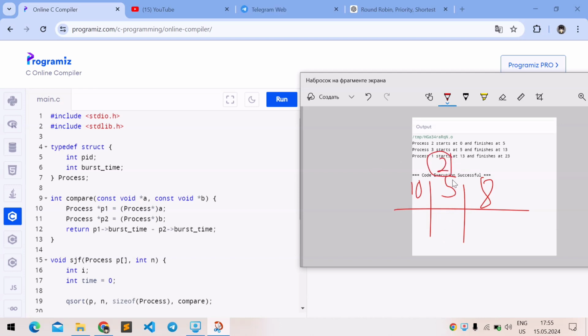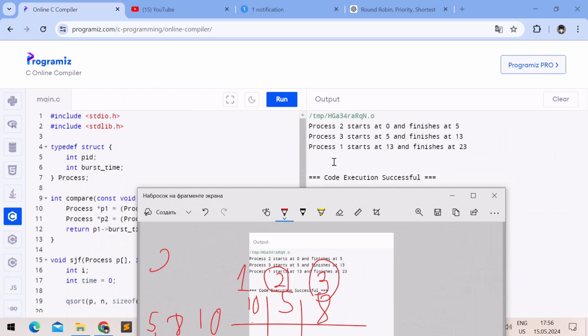Then the next smallest value is 8, and it will run the third process. Then the last one is the process with burst time 10. It will run it last. So in this order: 5, 8, and 10. Firstly it will run the second process, then the third process, and the last one is the first.